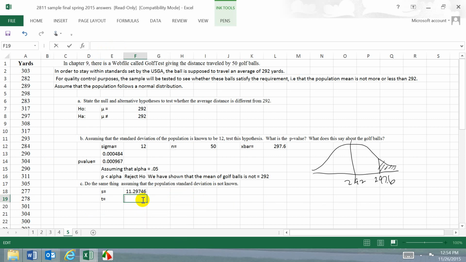I can't do that until I calculate the T value in the same way that I would calculate the Z value. So the T value is X bar, and when you calculate it, make sure you put it in the parentheses properly.